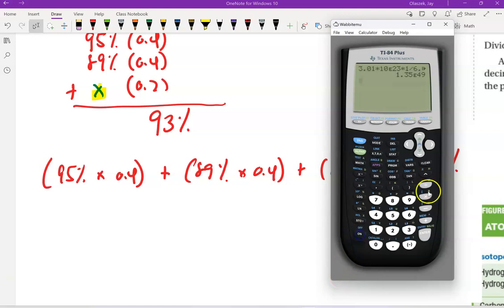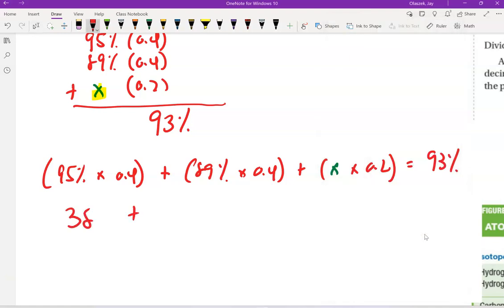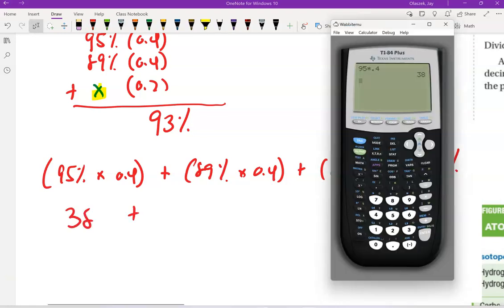We're going to say 95%, which was your first quarter grade. Let's clear this. 95%, we're going to multiply that by 0.4. This is 38. Let's take your second quarter grade. We're going to say 89%, we're going to multiply that by 0.4.